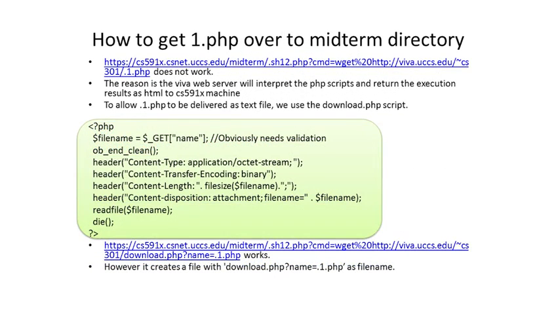How do we get the .1.php over to our Minden directory? That's a question. Very quickly, we find that if we use a popular command called wget, we can retrieve the web content.